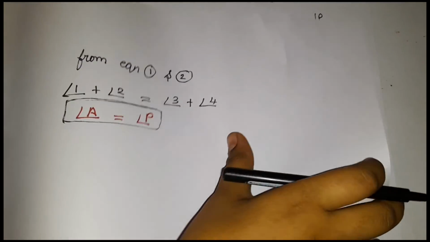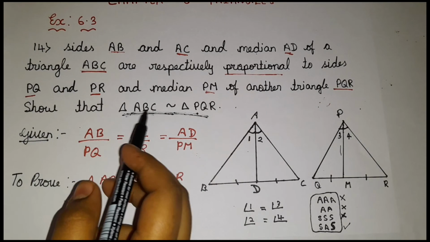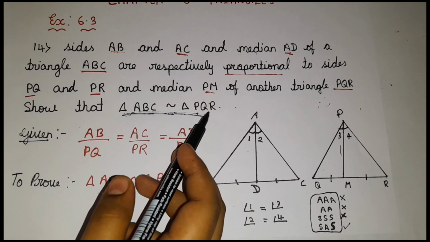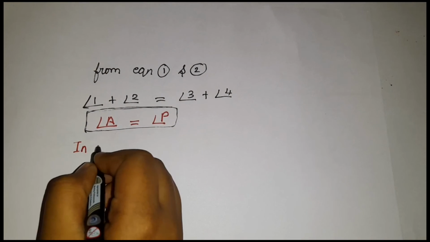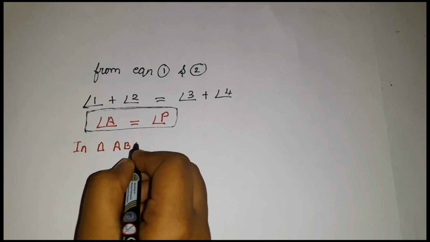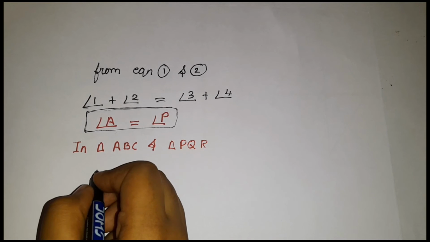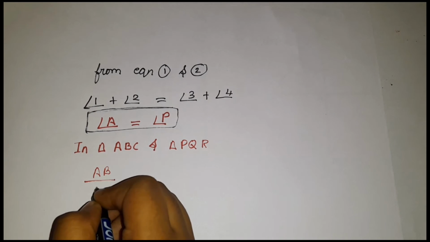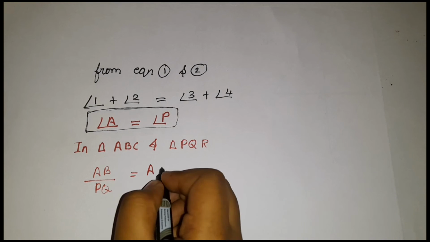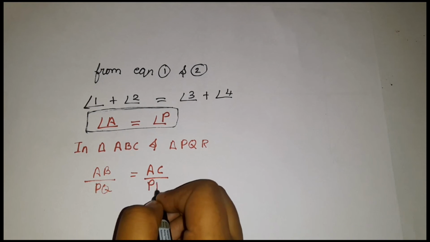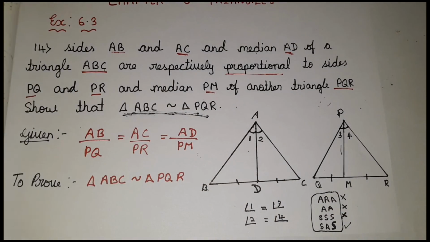Now I can take triangle ABC and triangle PQR. In these both triangles, I can write AB by PQ is equal to AC by PR. Why am I writing these values? Because it is mentioned in the question.